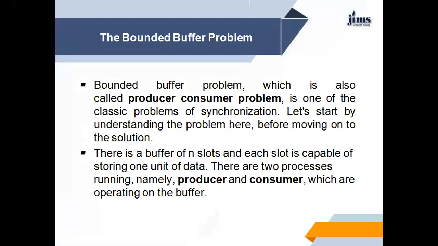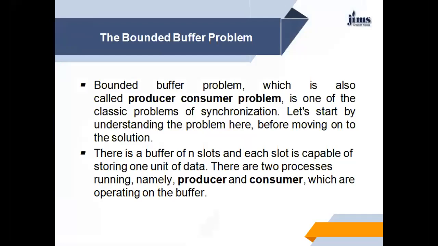There is a buffer of n slots, and each slot is capable of storing 1 unit of data. There are two processes running, namely producer and consumer. So this bounded buffer problem is also known as the producer consumer problem.